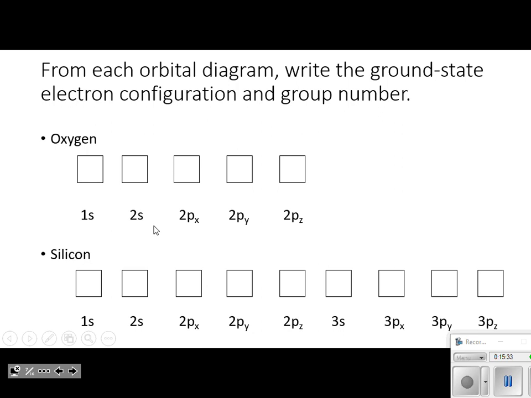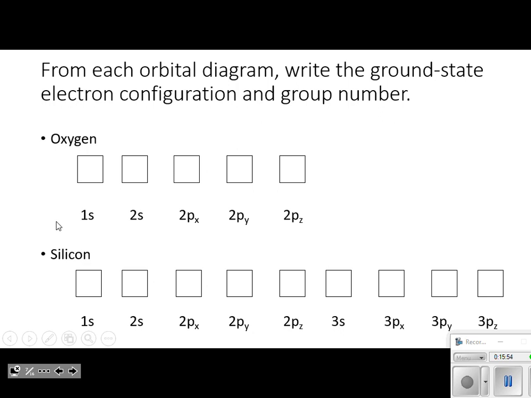So we're going to go through what these are. These are just orbitals. An important thing to remember is S has 1 orbital, P has 3, D has 5, F has 7.